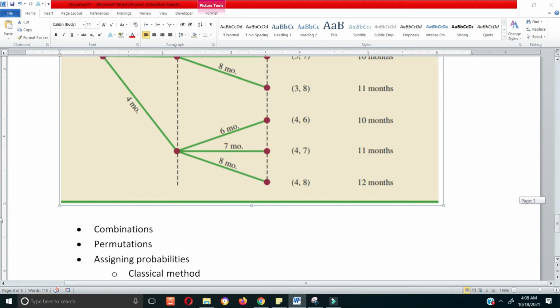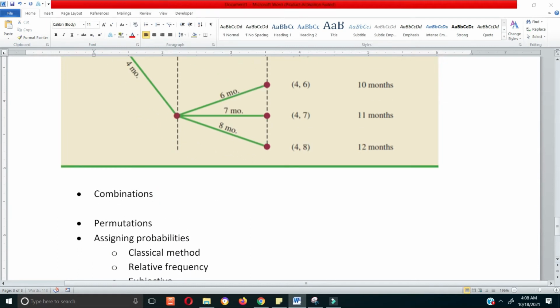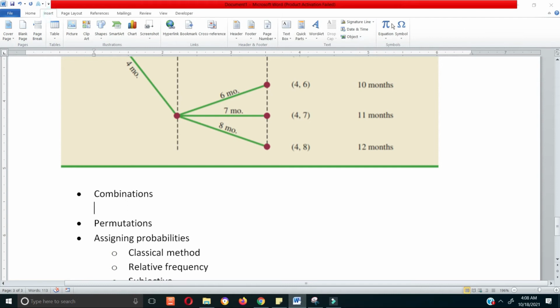So let's go back to this thing called combinations. The formula is, let me insert a new equation.